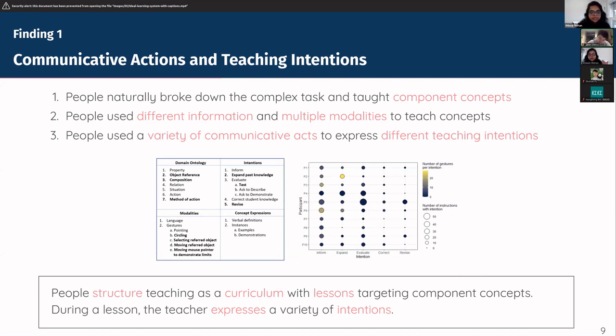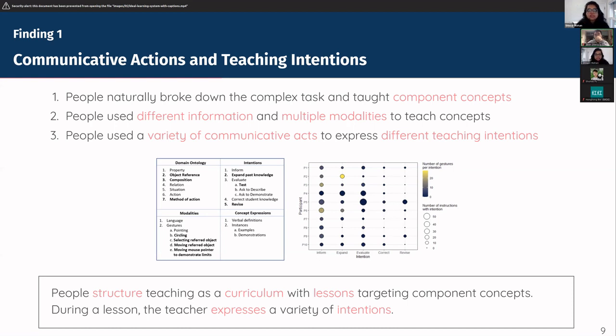And one of the most interesting findings was that, you must have noticed, she was not just giving the robot information. She was also trying to test what the robot knew, right? So she set up a wall and she said, what did you think you've built? And then she also tried to test if the robot knew the concept of a wall by asking the robot to build a wall, right?